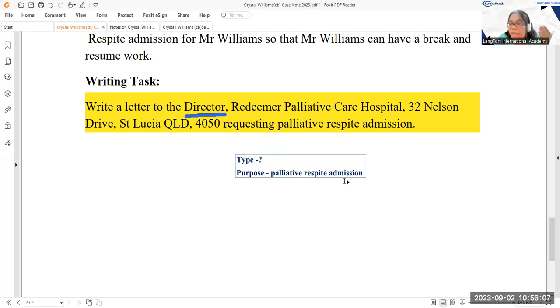So later, when we read the case note, you need to understand what type of letter it is. But if you're starting your letter with thank you or with a patient's name, then you don't need to worry about that. So we know our role is that of a community nurse, and we are writing to the director of a palliative care hospital, and we want the director to provide palliative respite admission for our patient. Now let's read the case note.